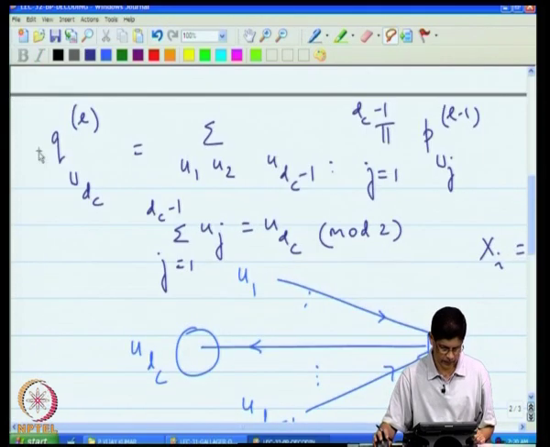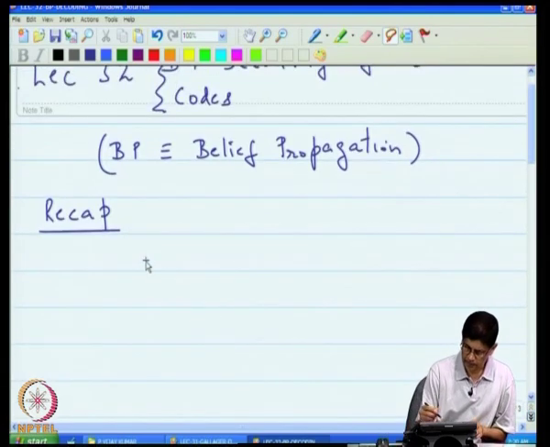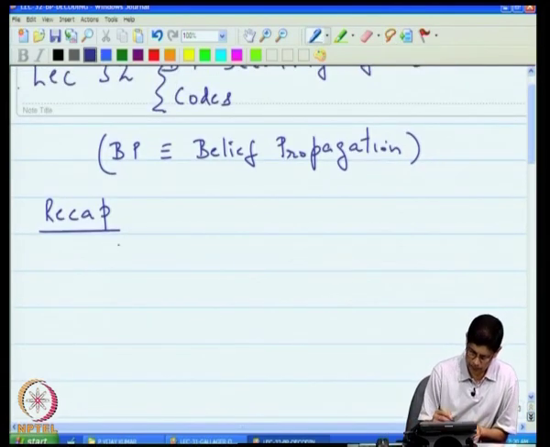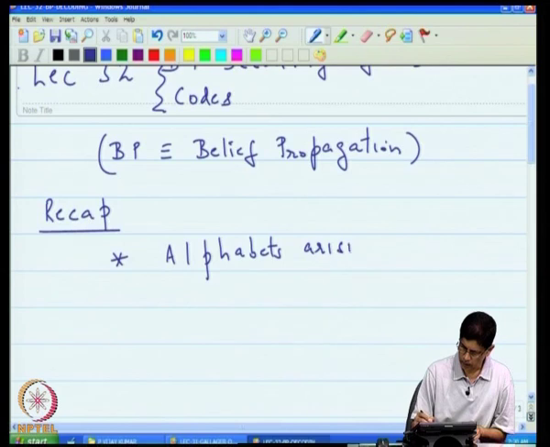All right, and just as a recap, what we talked about is the alphabets arising in message passing.